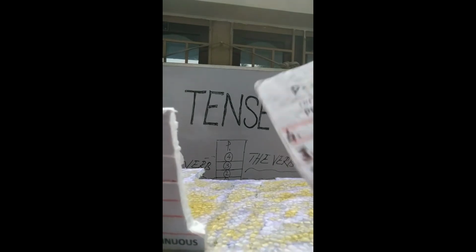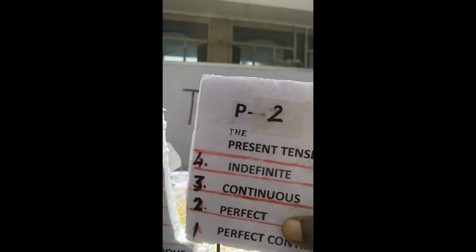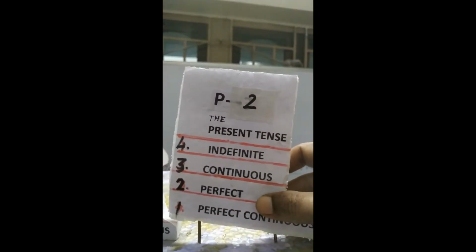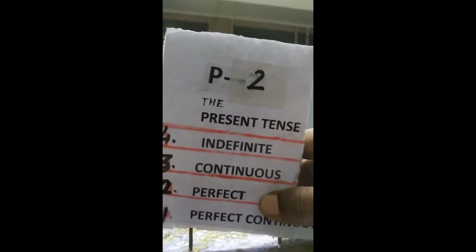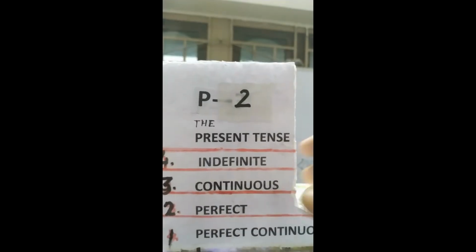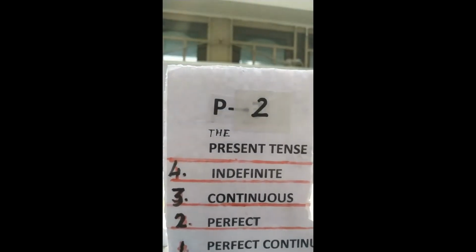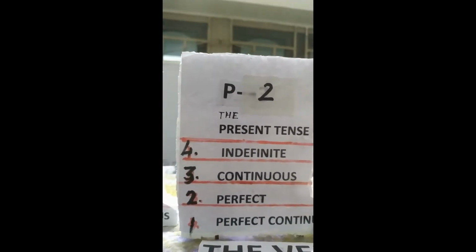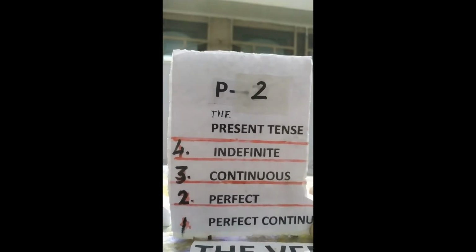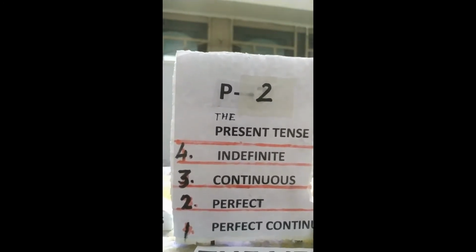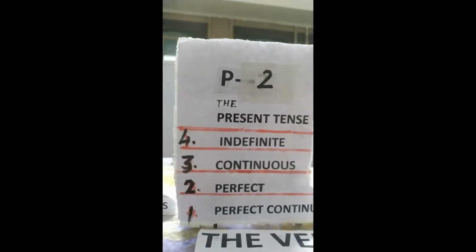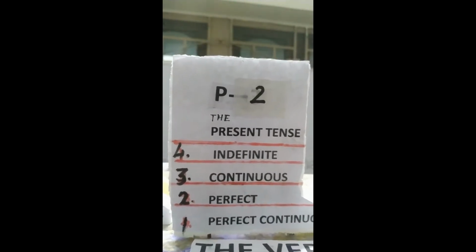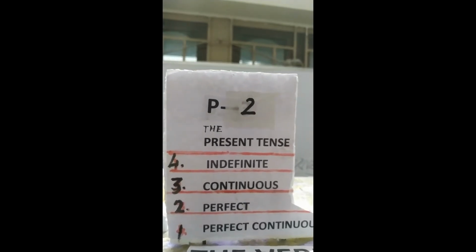Now I am constructing another pillar on the river. See, I am constructing another pillar. As I construct the pillar, now the pillar can be termed as the present tense pillar because this action takes place now.